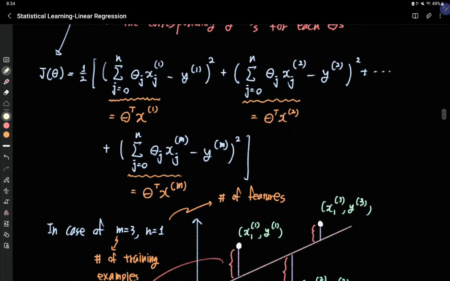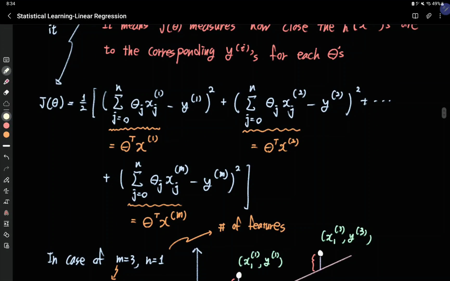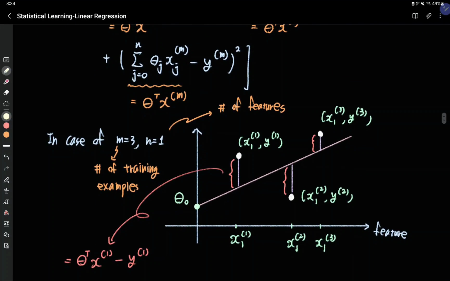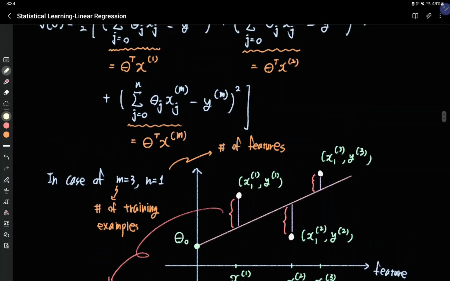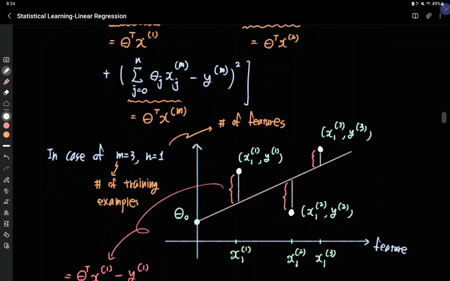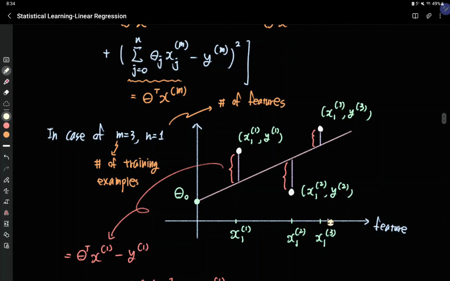Okay, so now that's too much, right? Too many training examples, so let's reduce m to 3, and also reduce the number of features to 1. Then we can plot each term like this.